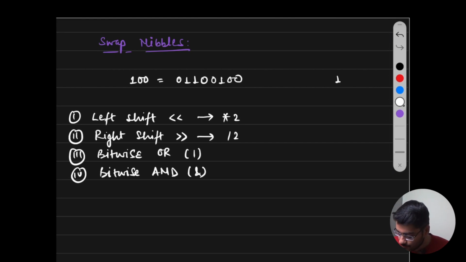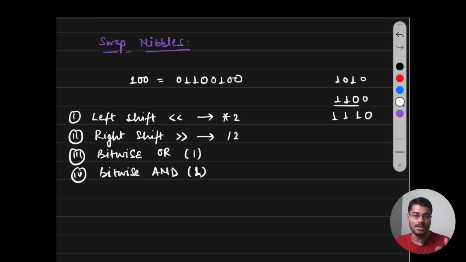For example, if your first number is 5, 101, and the second number is 6, 110, the result will have a 1 here, 1 here, and both have 1 here, so 1. If it was 0 and 0 at some bit, it would have been set to 0. Simply set 1 if either number has 1 at that bit.